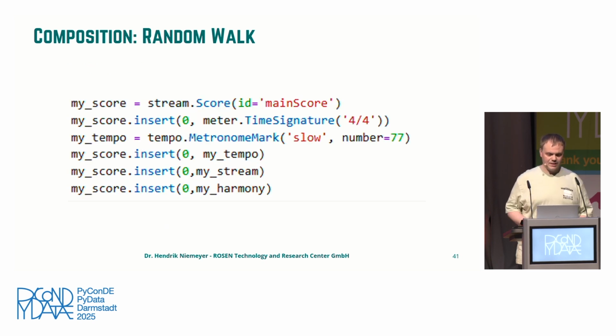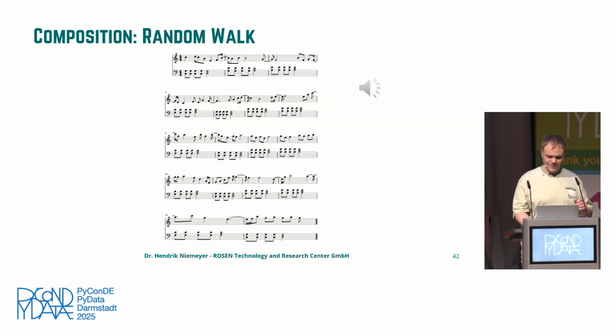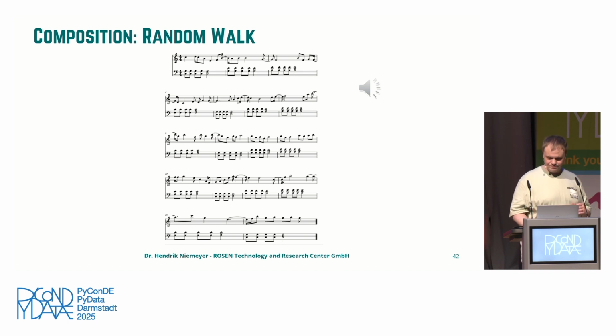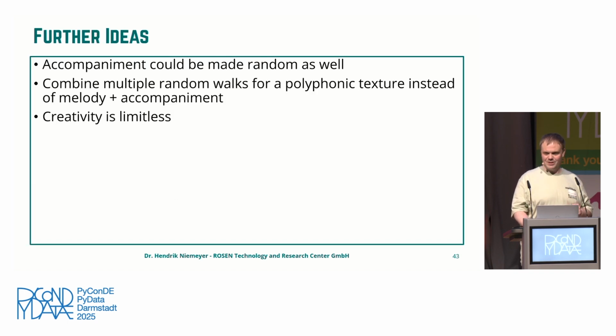And in the end, again using the stream objects, I can merge the melody line and the accompaniment line, and I get a full musical score with an accompaniment and a randomly generated melody line. I will not play it here again due to time reasons.